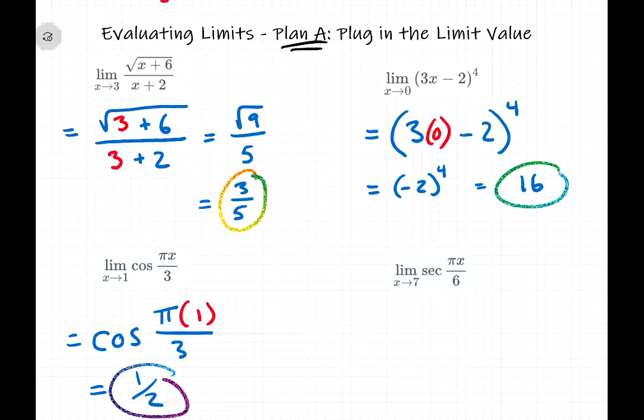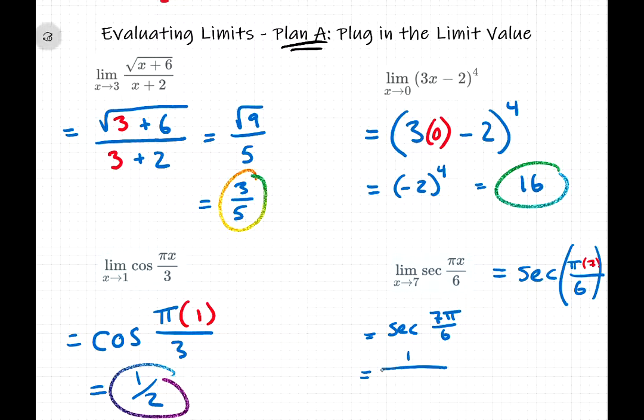Okay, last one. The limit as x approaches 7 of the secant of pi x over 6. Okay, so that's looking like the secant of pi times 7 over 6. So we have the secant of 7 pi over 6. And if you want to convert to cosine, this is the reciprocal of the cosine.